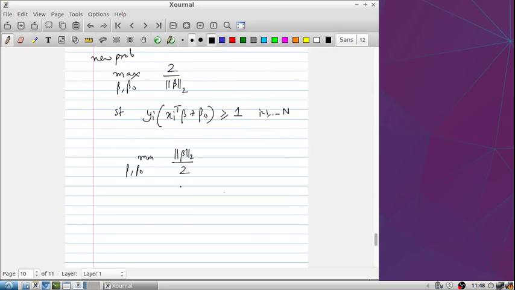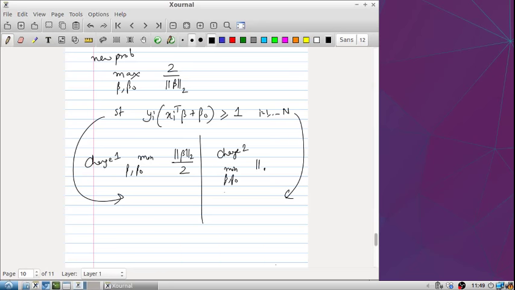So I did this, change 1. I'll write change 1 and change 2. The constraints are the same here. Change 2 is minimize over beta and beta naught the 2 norm squared by 2. I'm just going to square the thing.